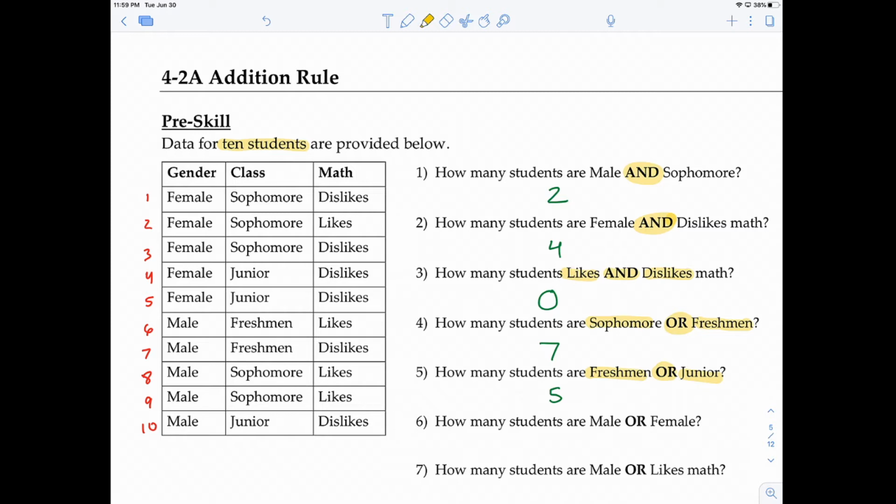And then the next one would be how many students are male or female. So males or females, stand up. So all the males will stand up when you say male, and when you say or female, all the females would stand up. So that's going to be the entire class, right? So male or female stand up, the whole entire class would stand up.